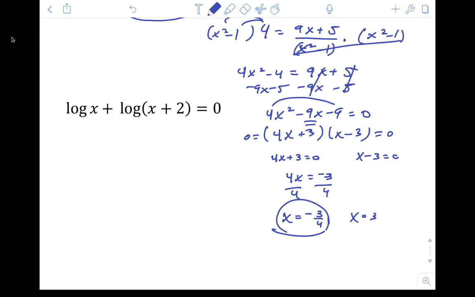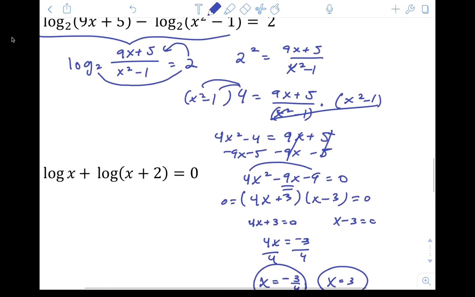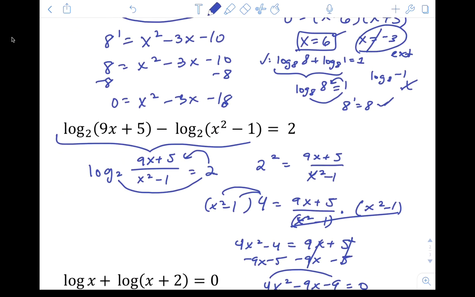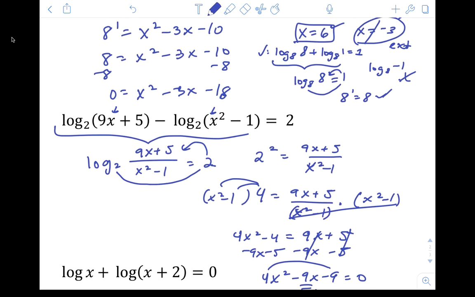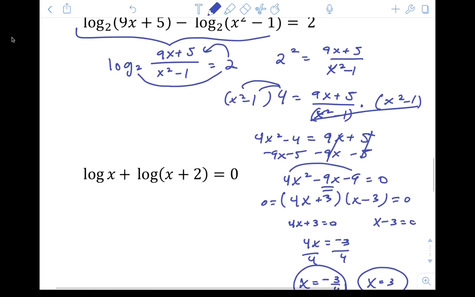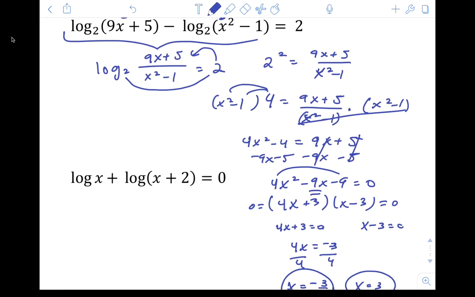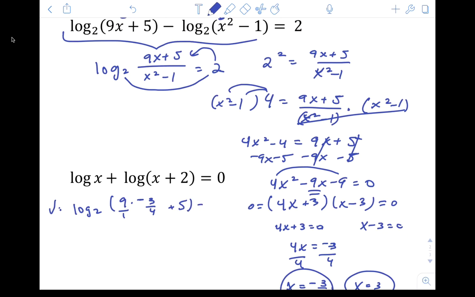Using the original equation, I'm going to have to get a negative 3/4. Let's go see. If I plug in a negative 3/4, negative 3/4 times 9 plus 5, log base 2 of 9 times negative 3/4 plus 5.